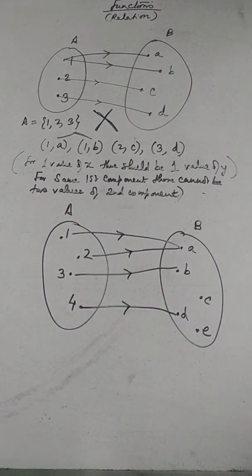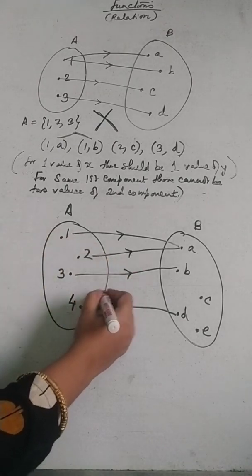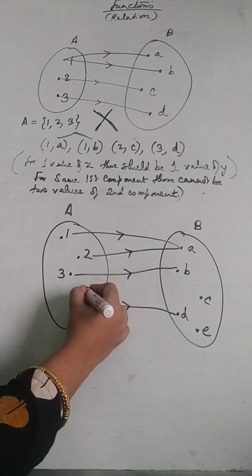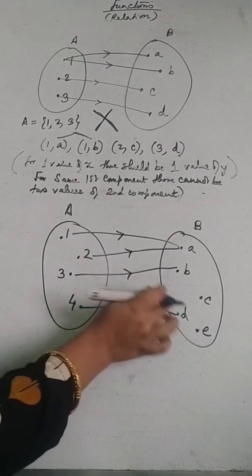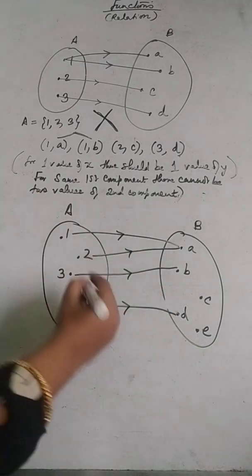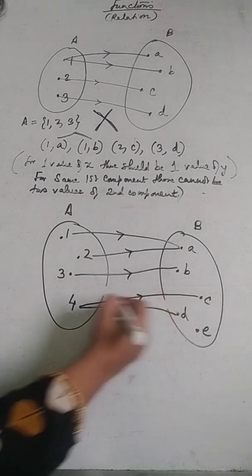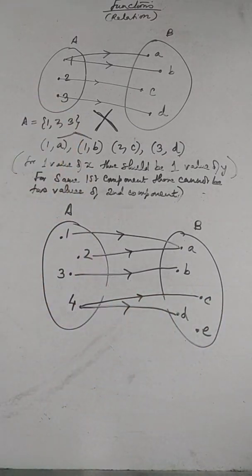Shall we take another one? 3 I've taken with b. 3 I could have taken with c also. 4 I will take with c. That will be better. Suppose. I could have left it as it is also.